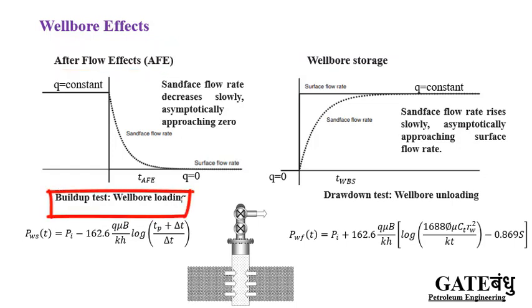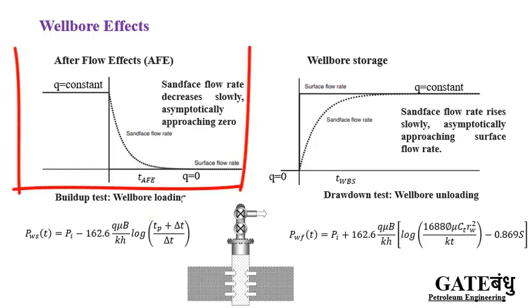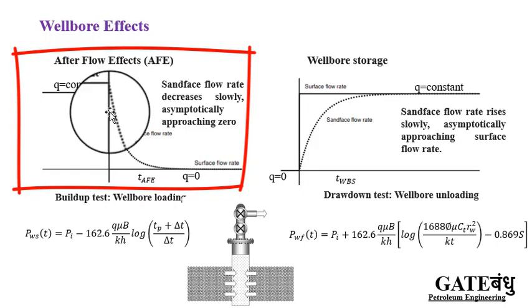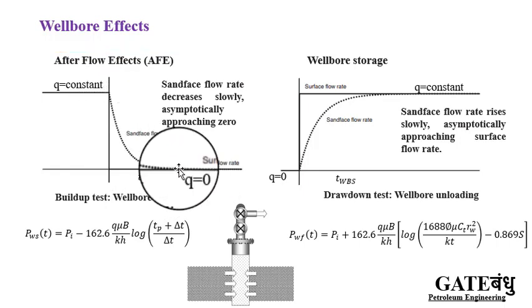during the build-up test analysis. Here you could see that in a build-up test analysis, the well was producing for long at constant production rate, and then the well is shut in for the build-up, building the pressure inside the reservoir. When the well is shut in here, it takes some time to reach production rate 0 at the sandface.